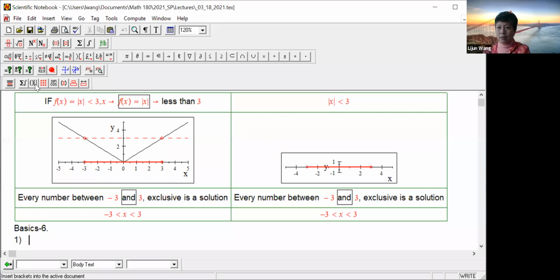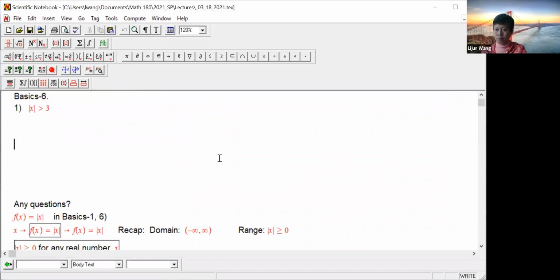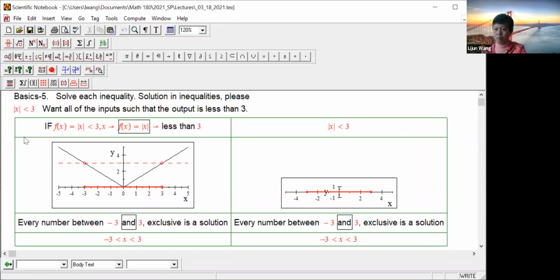This time it's absolute value of x greater than 3. Still about the rule, input, output, and we want the output to be what?